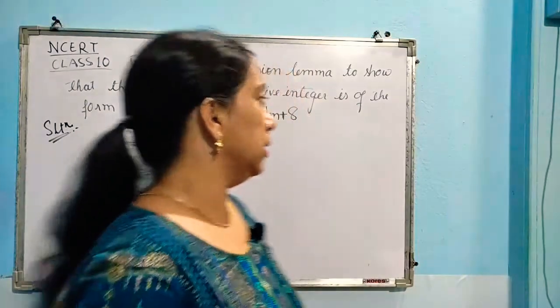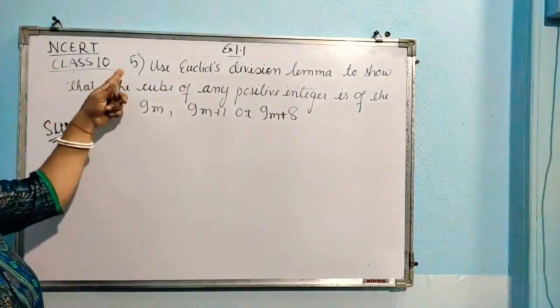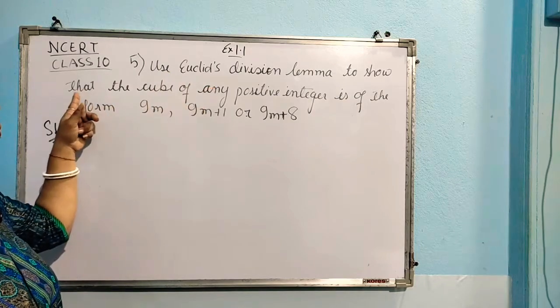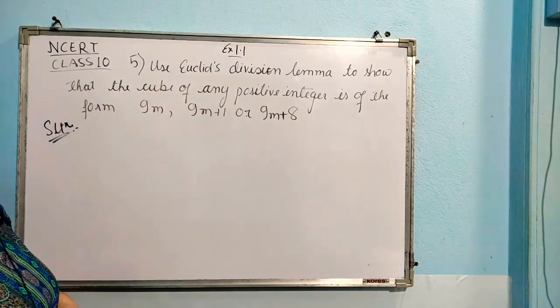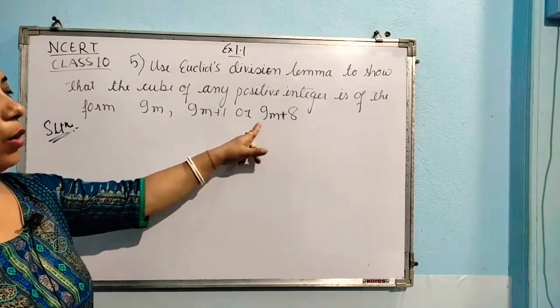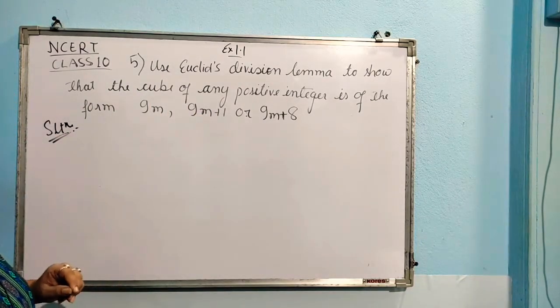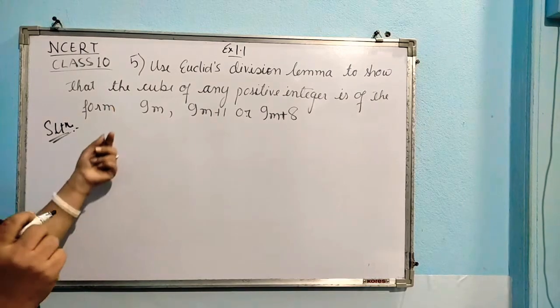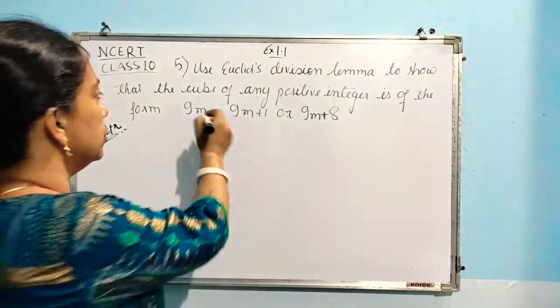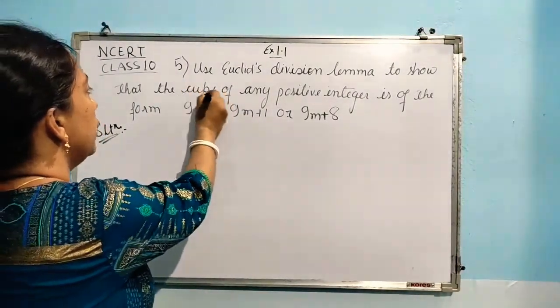Now the next question. Question number 5. Use Euclid's division lemma to show that the cube of any positive integer is of the form 9m, 9m plus 1 or 9m plus 8. Here, in the earlier question we were having the square.